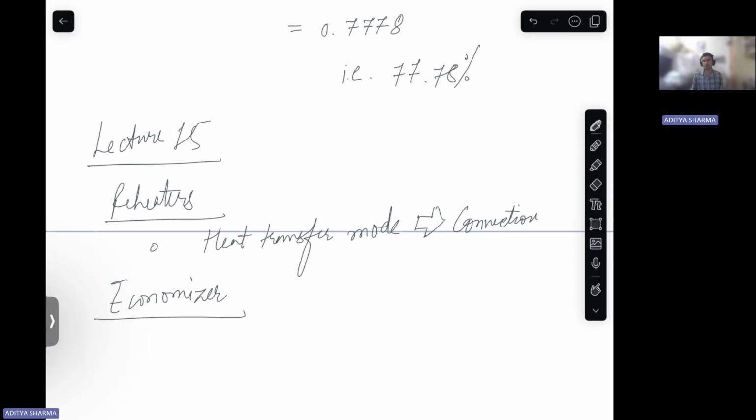So this remaining heat from the flue gases takes your water to the saturated liquid level, and from there the boiler is used.